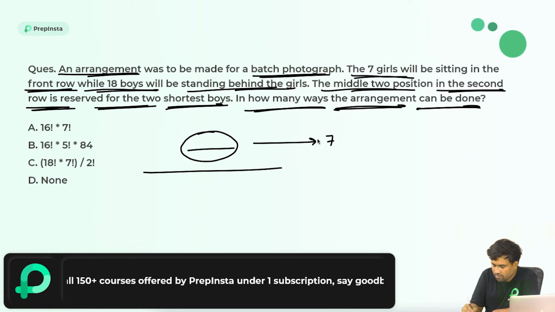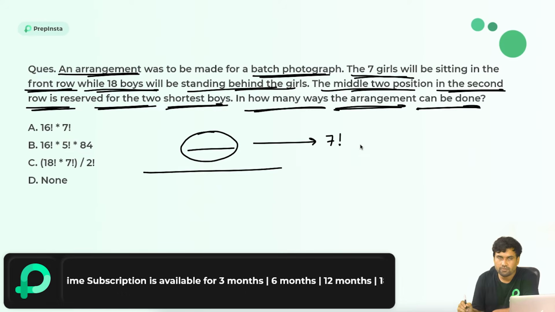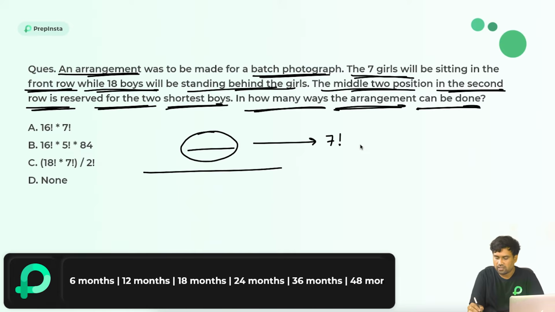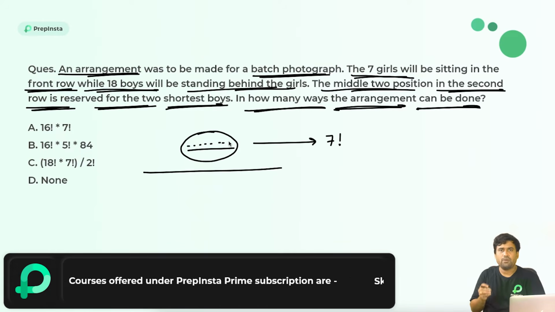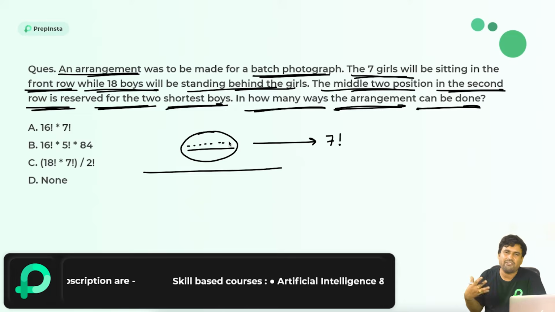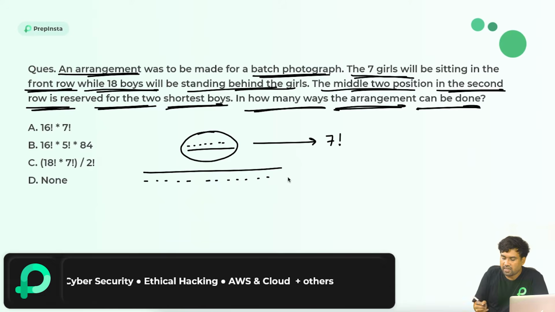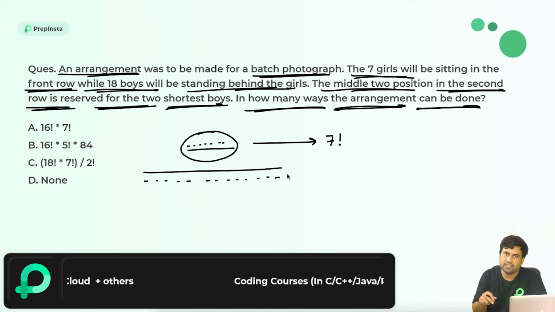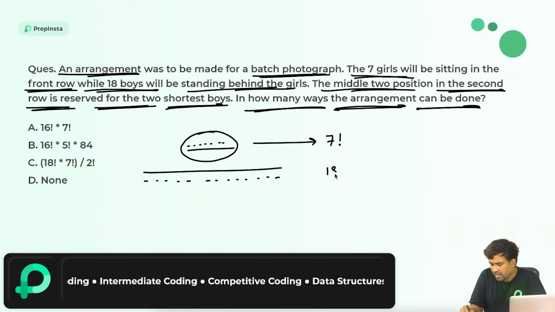So 7 girls can be placed in 7 places in a line, always n factorial, right? For example, these are 7 places. 7 people in the 7 places can be arranged in 7 factorial ways, right? Simple. But in the second row there are 18 places and 18 boys, you need to place them. If 18 boys need to be placed, you can directly say 18 factorial is the answer, but it is wrong here.